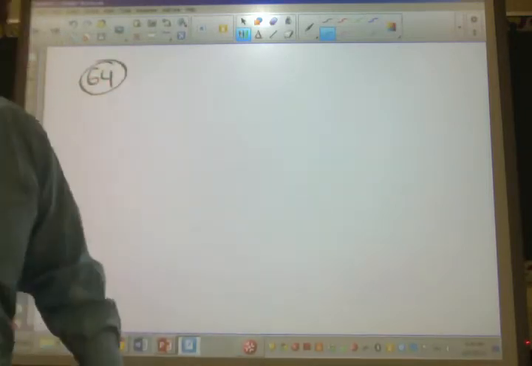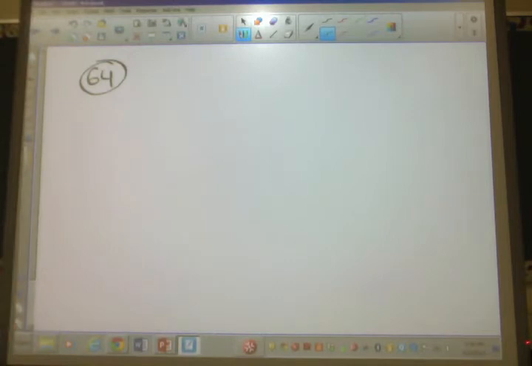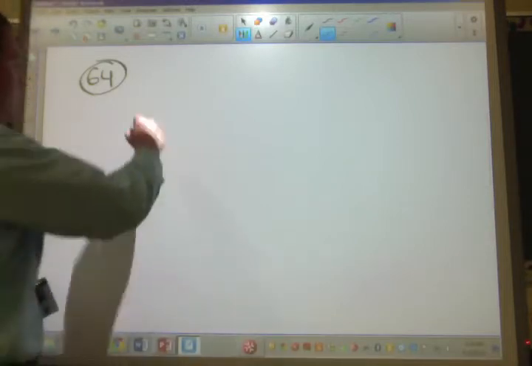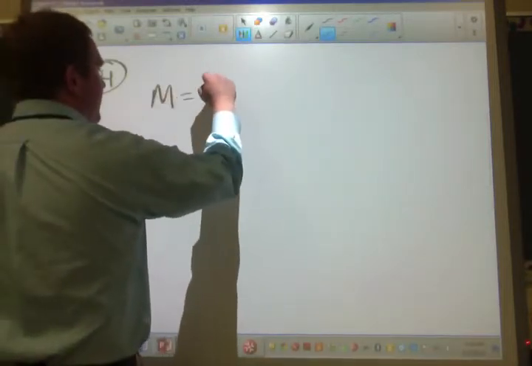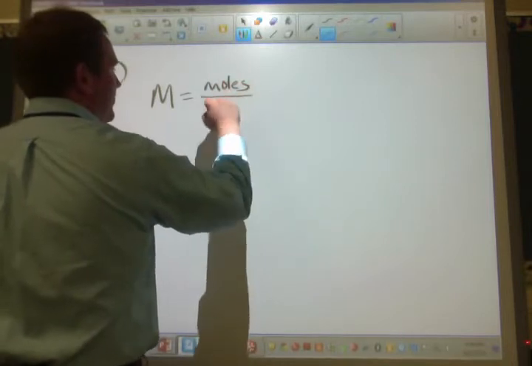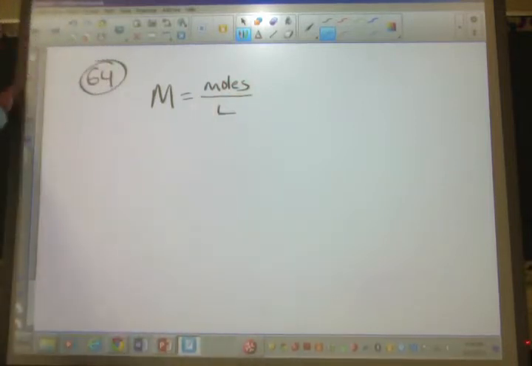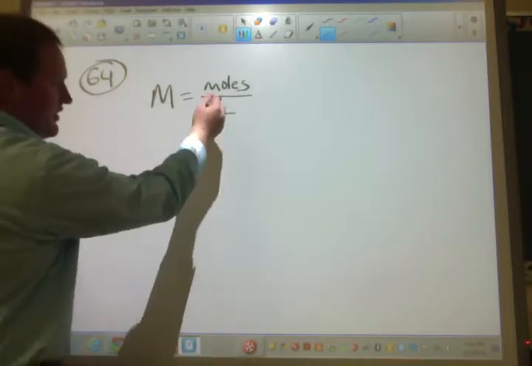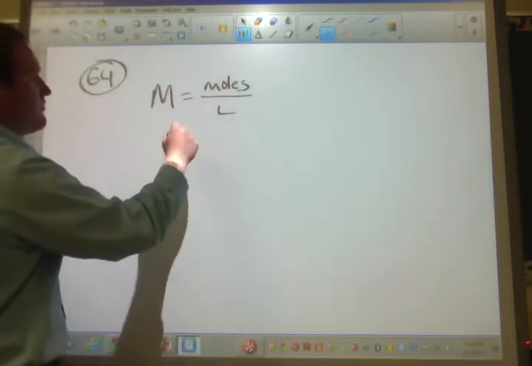64. We're getting there. How many grams of solid potassium sulfate are needed to make 200 milliliters of a 3.00 molar stock solution? So this is a stock solution problem. My formula is molarity equals moles per liter. I am looking for grams, but grams is in here, so I'm going to use moles and then find grams.